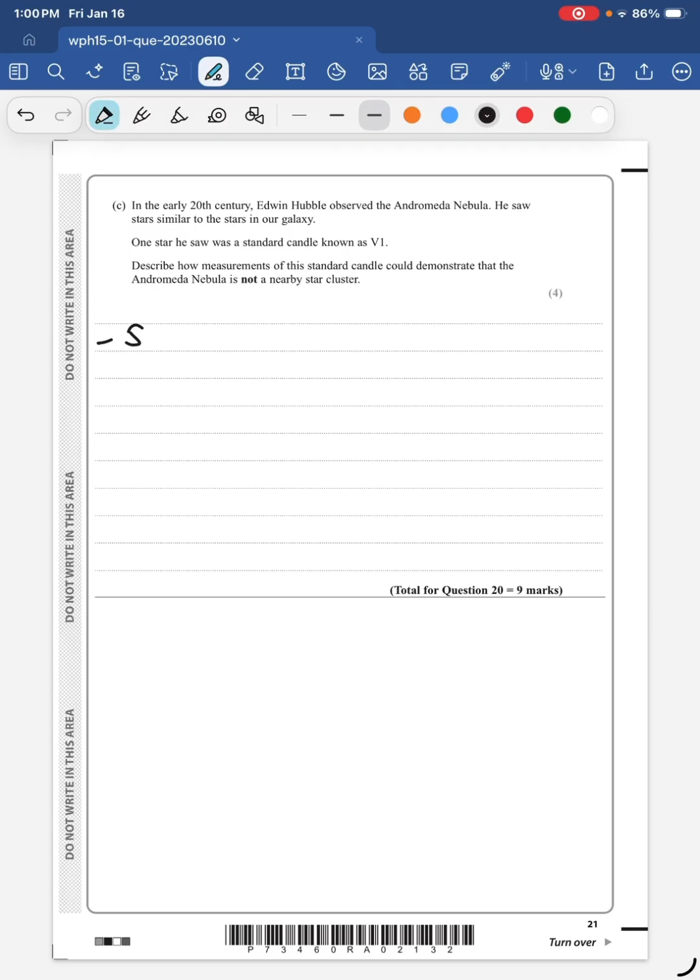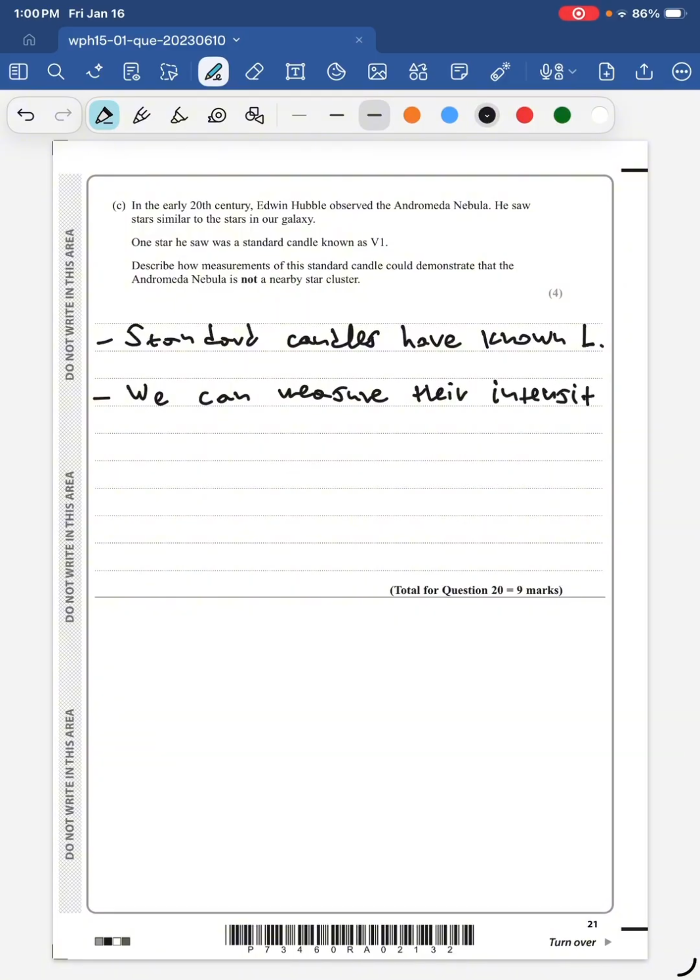Okay, so standard candles have known luminosity. Okay, let's call it L. So we can measure their intensity I, which is equal to the luminosity over 4 pi times their distance squared.